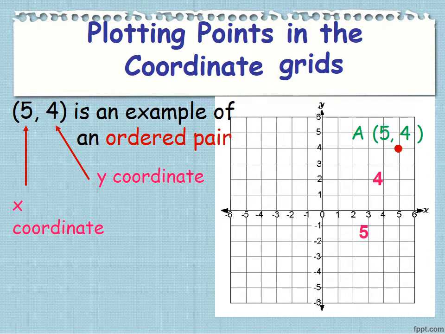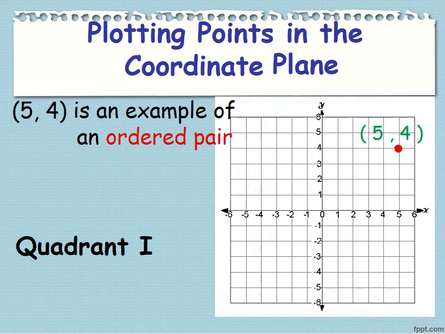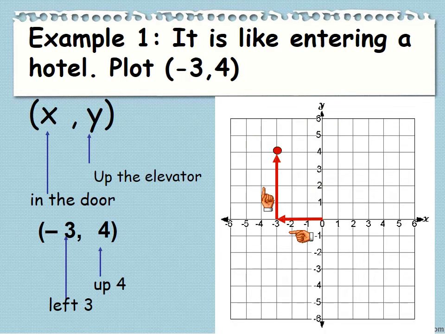To find its coordinates, simply draw two lines parallel to the two axes and read the two numbers at the intersections. (5, 4) is an example of an ordered pair in quadrant 1. To plot this point, it's like entering a hotel: 5 steps across and up the elevator 4 steps.